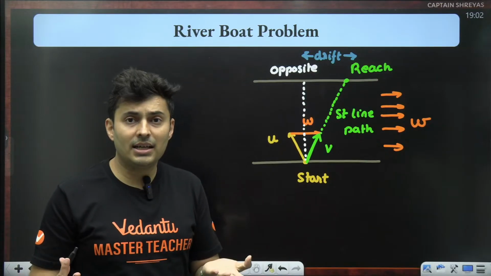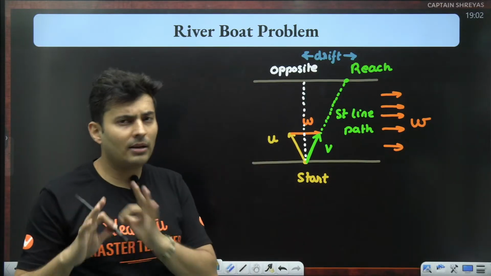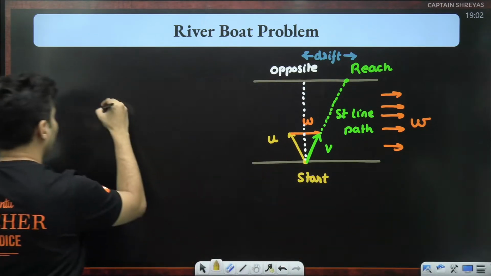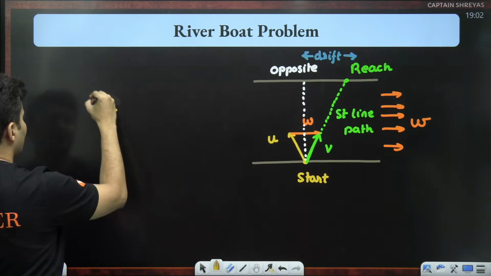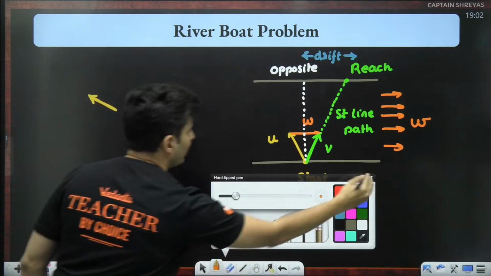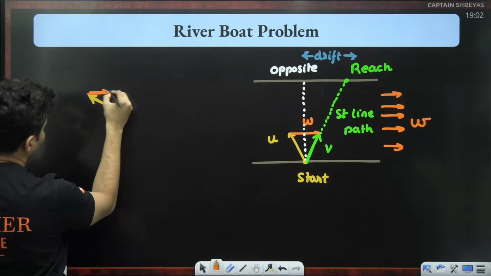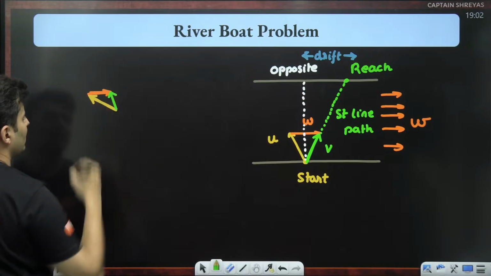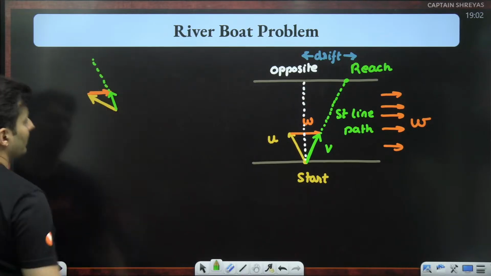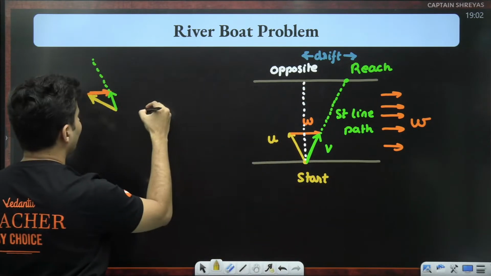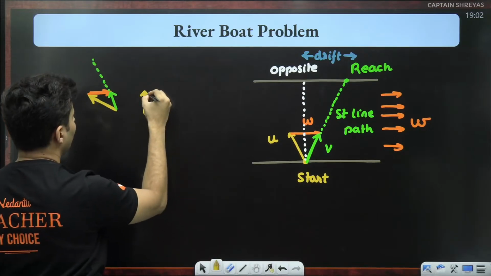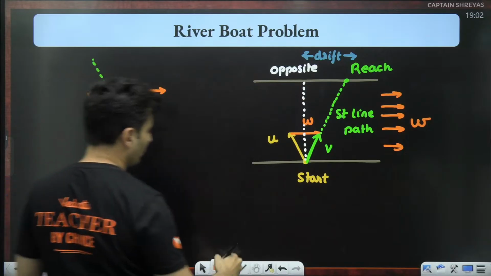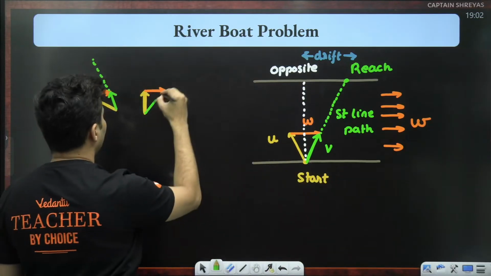Now, how much is that time? How much the drift is can be calculated very simply. Tell me one thing. If I turn the direction, obviously keeping the river velocity the same, my resultant velocity will also change. I will probably end up reaching here, or if I swim like this, still the river will be moving like this, and my resultant will be like this.